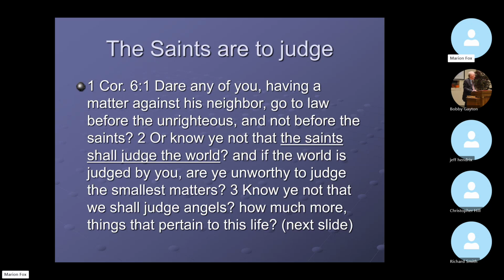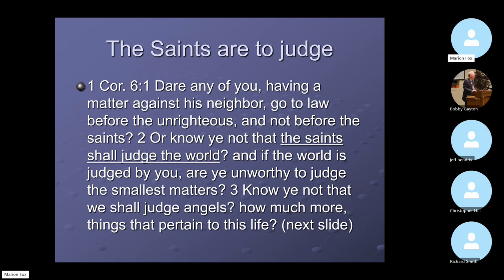But we have the smallest matters, whatever this was that they were judging, and they were told to judge, that they were judged was a small matter. Know not that we shall judge angels, and how we judge angels, that's another question. Again, we don't have a passage of scripture other than this that tells us this, so we don't know much more about this.